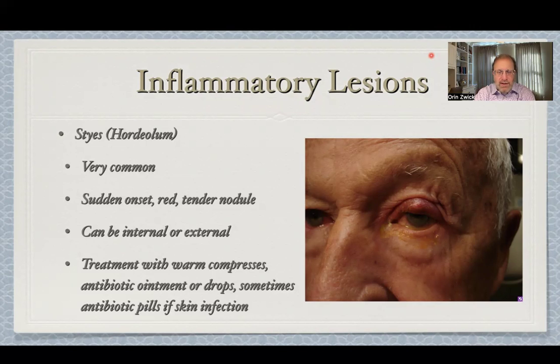They're tender. Patients present, they wake up, they feel like when they're blinking, they feel something in their eye or it's just bothersome. They tend to be a tender red nodule, internal or external, and the treatment really is warm compresses to help the body absorb this inflammatory infectious lesion.